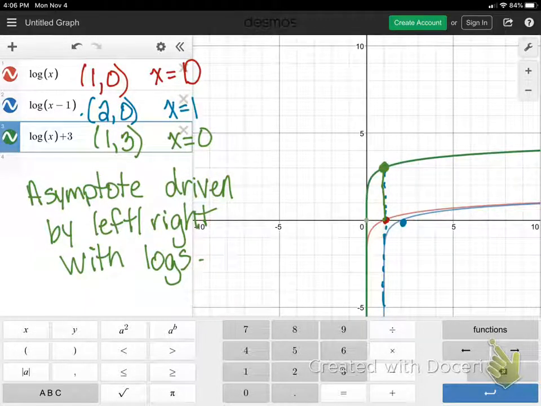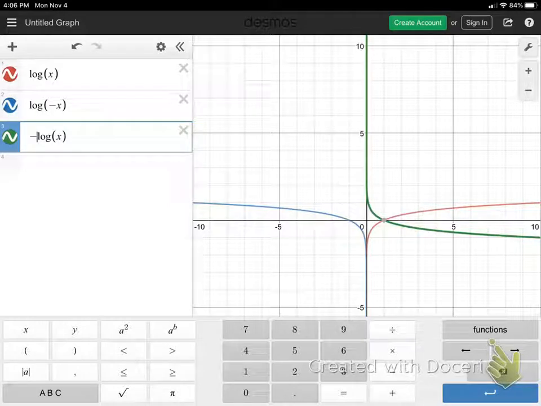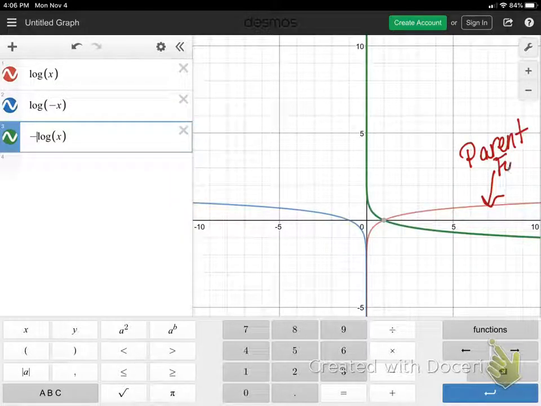Yes, I'm good. Now we're looking at reflection. My red graph is my parent function. Log of x. What's my base in all of these? 10.